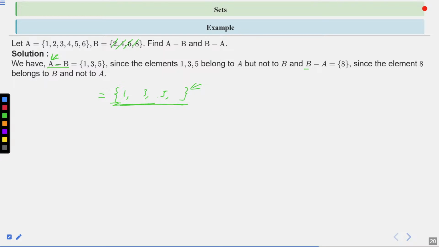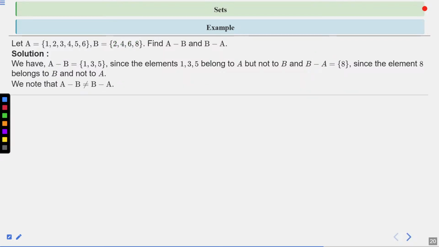The same goes for this difference. Write down the complete set B: 2, 4, 6, 8, and eliminate all the elements which are common to set A. 2 belongs to A, eliminate it. 4 also belongs to A, eliminate 4. 6 also belongs to A, eliminate 6. You are only left with this singleton set, and this singleton set will be your B minus A. Clear?